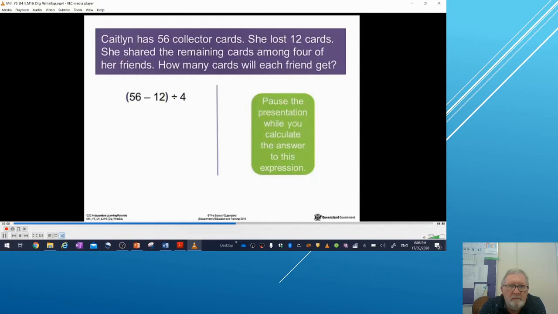Pause the presentation while you calculate the answer to this expression. 56 take away 12 is 44, and 44 divided by 4 is 11. Write a sentence to show the answer to the question.